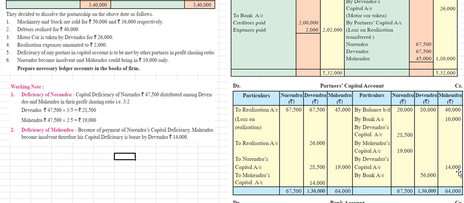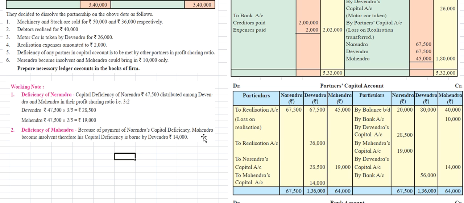So that is from the Mahendra. This 14,000 rupees will be coming to the Mahendra's capital account. So the total amount is 1,36,000 rupees. 1,36,000 rupees minus 80,000 is 56,000 rupees. So this is the amount of the partner's capital account.